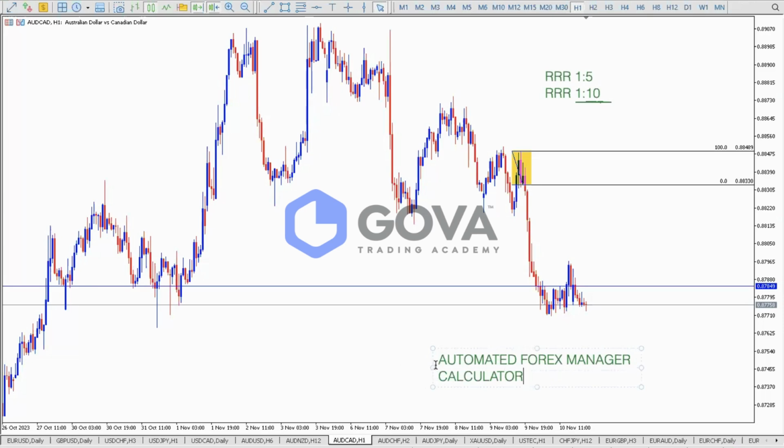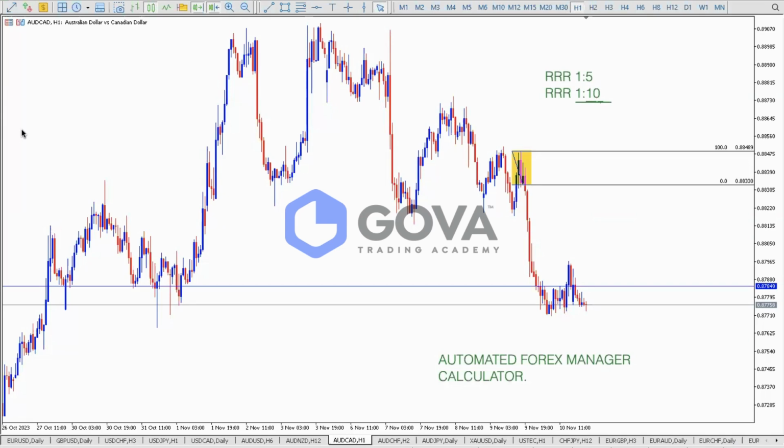This automated forex calculator is going to help you move your stop loss into profit automatically. For example, if market price moves 20 pips in your favor, the calculator can help you move the stop loss 5 pips into profit or 10 pips into profit.